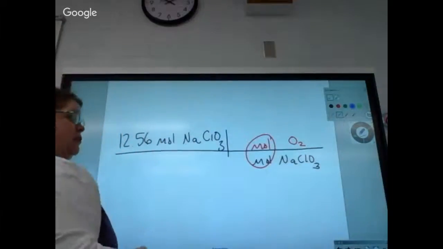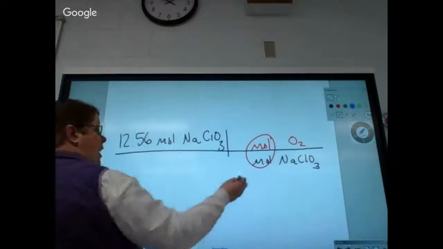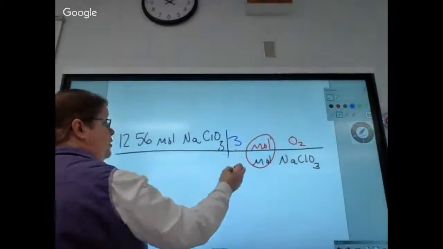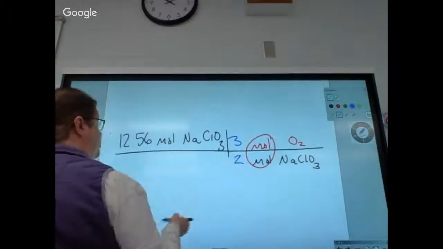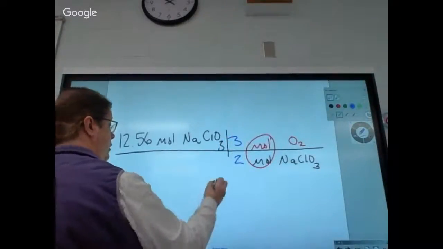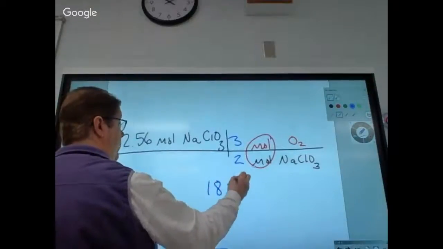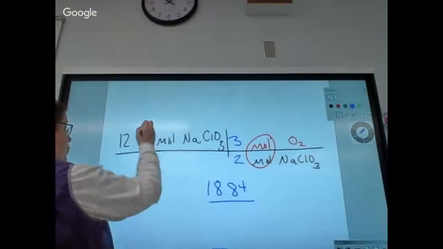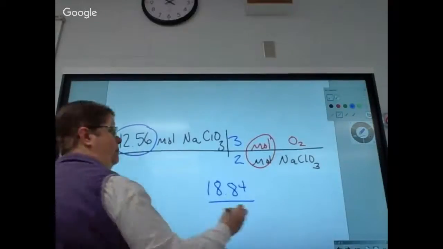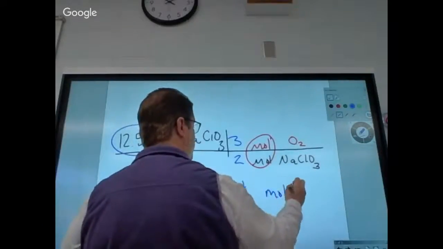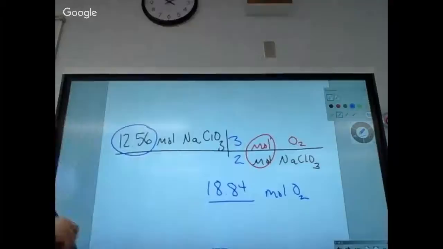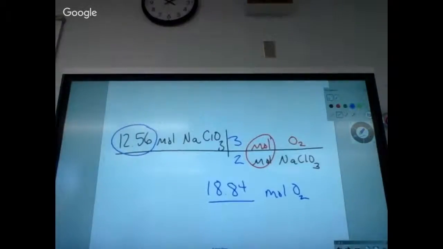The coefficients, which is the balanced equation. So what's in front of oxygen? 3. And in front of sodium chlorate? 2. And what answer did y'all get? 18.84. Okay. And you picked 4 significant digits because there were 4 there, right? And moles of oxygen is your unit. Questions about number 1? No?